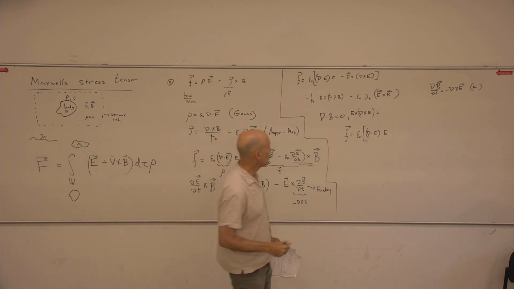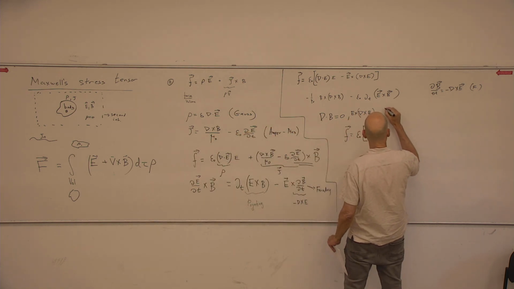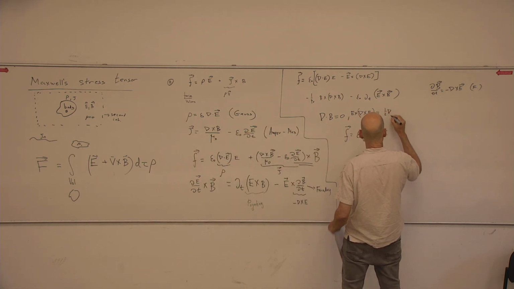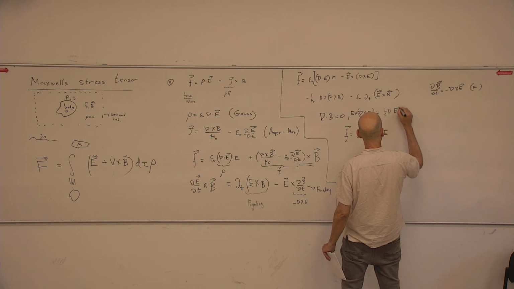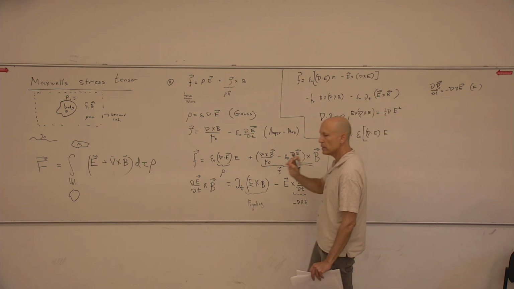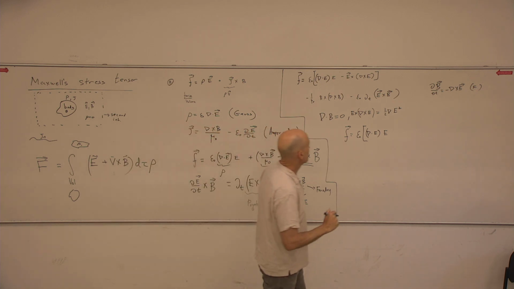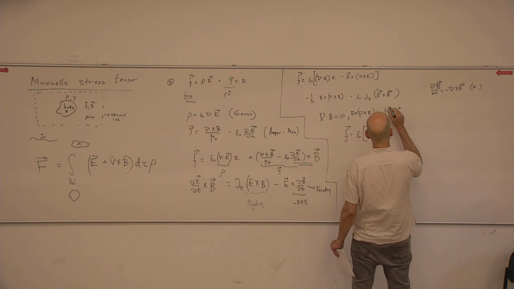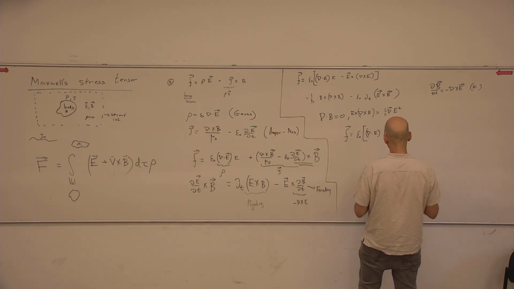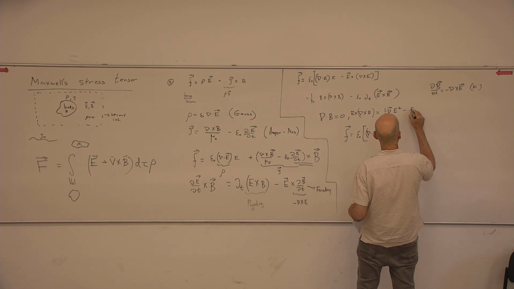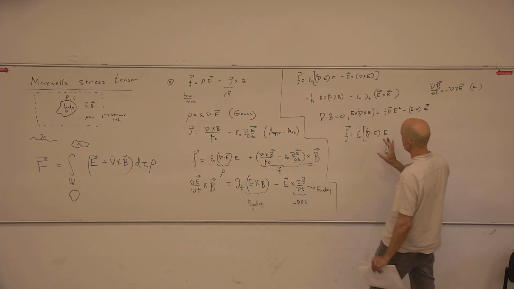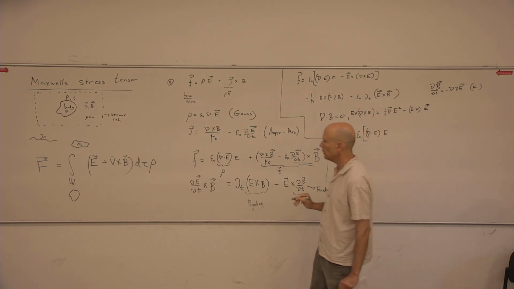This is equal to 1/2 delta, there's only one derivative, E squared. E squared is Ex squared plus Ey squared plus Ez squared. This is a vector, plus E dot delta E. Again, this is a vector with one derivative. So this is just a mathematical identity.